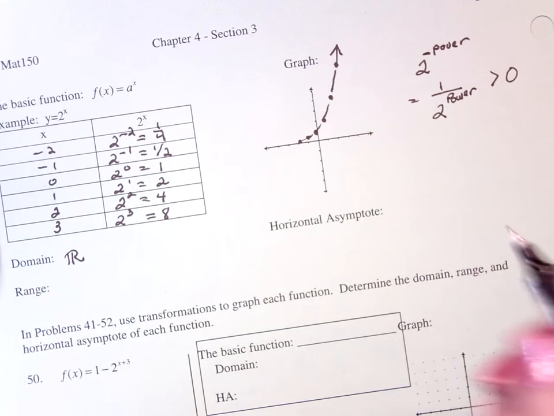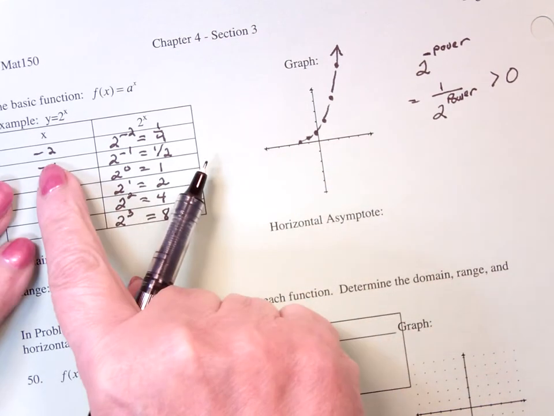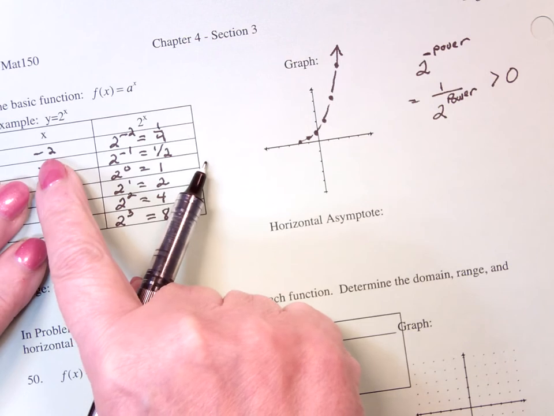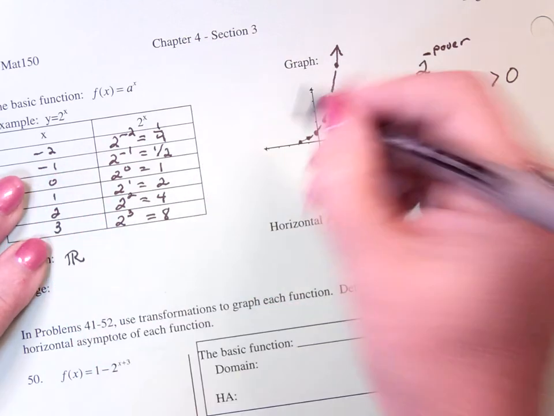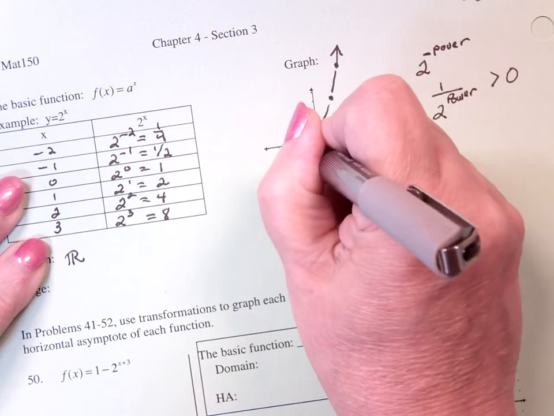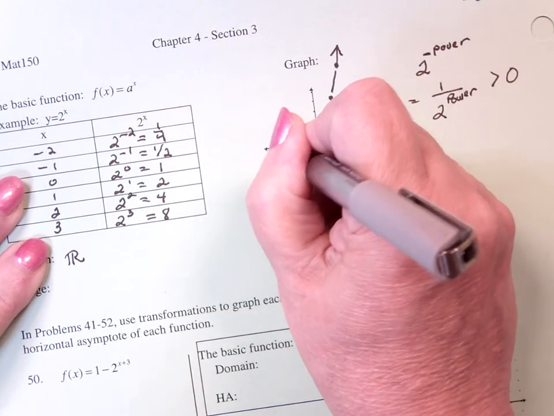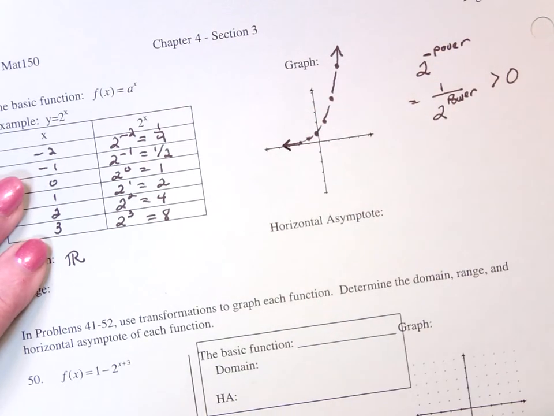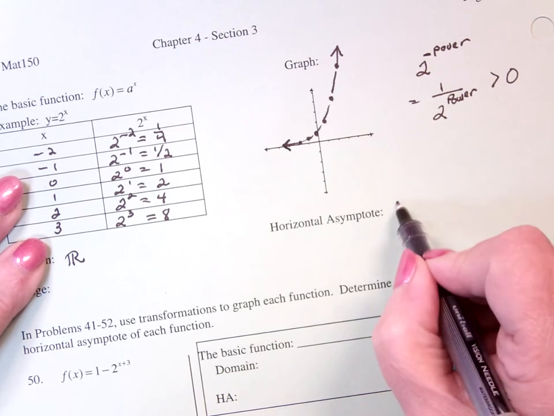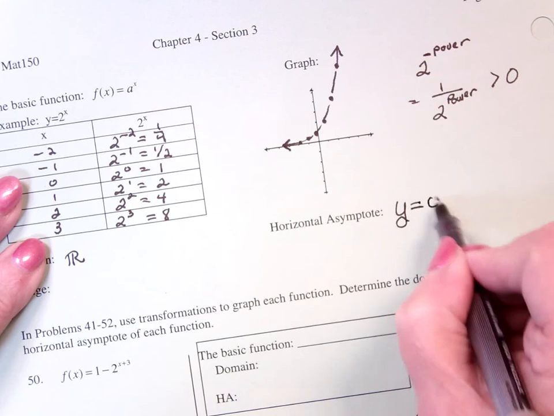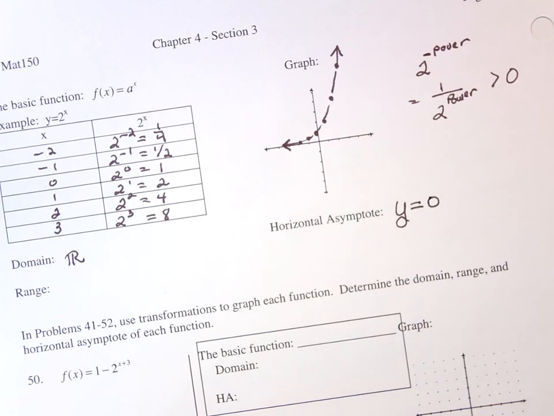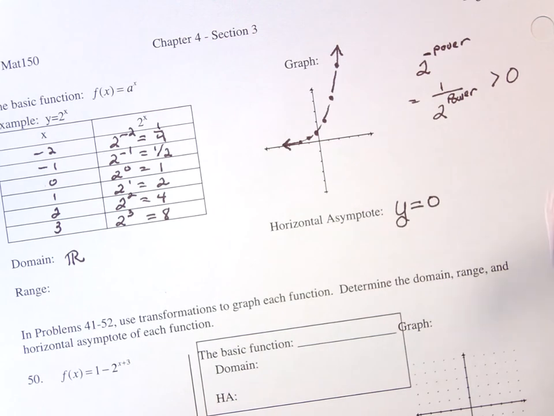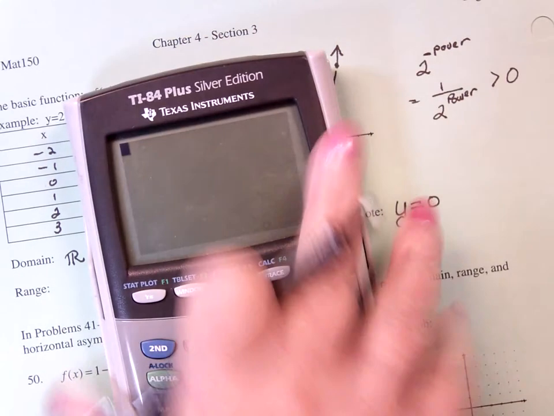So that means that the bigger x gets as a negative number, the smaller y gets, and what I have really going on is a horizontal asymptote. And so I have a horizontal asymptote at y equals 0. It'll get smaller and smaller and smaller.